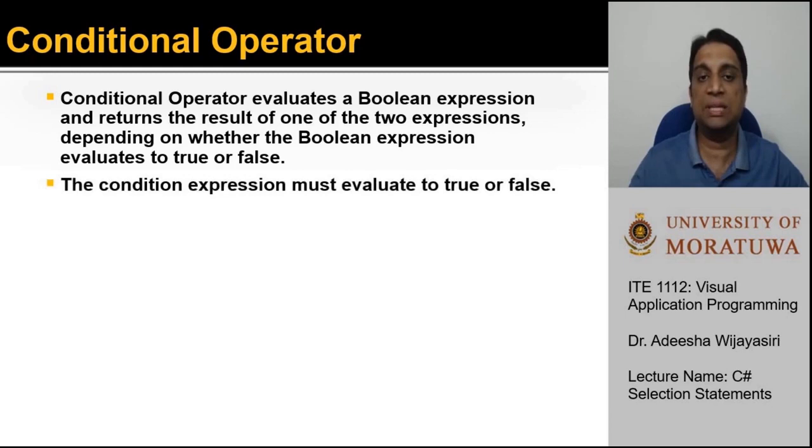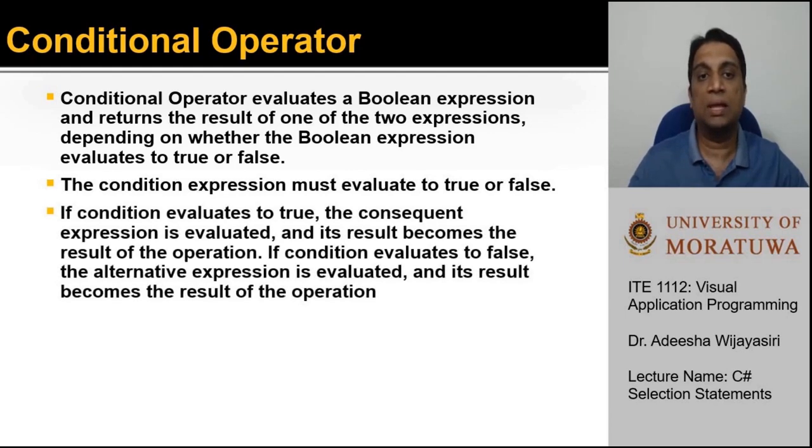The condition expression must evaluate to true or false. If the condition evaluates to true, the consequent expression is evaluated and its result becomes the result of the operation. If the condition evaluates to false, the alternative expression is evaluated and its result becomes the result of the operation.